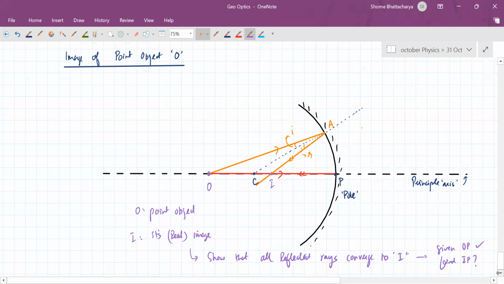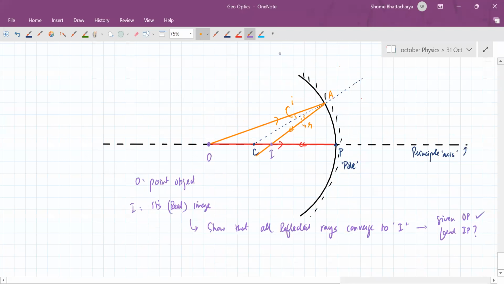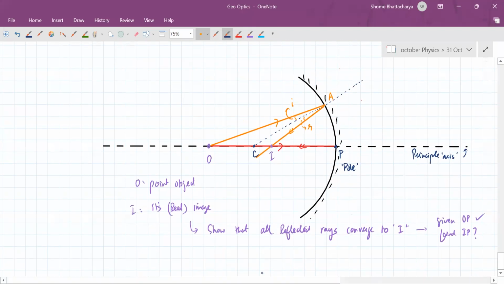So what we now do is that, first of all, we'll apply the law of reflection, that angle of incidence is equal to angle of reflection over there. And then we designate some more angles. We take this angle as alpha, this angle here as beta, and this angle as gamma.